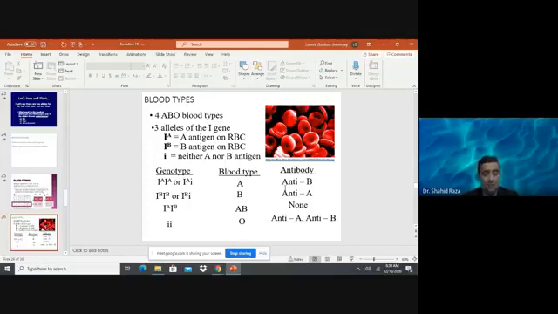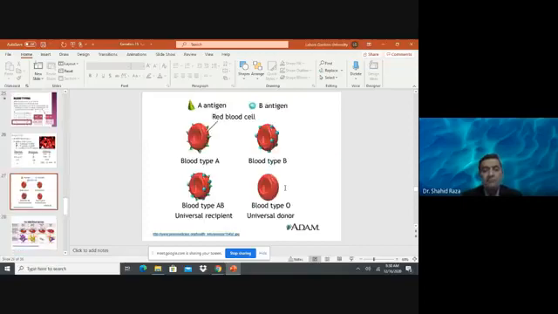So here we can see genotype, blood type, and then antibodies. In blood type A, the antibody is B, and in blood type B, the antibody is A. In blood type AB, there are none, and it has antigen A and antigen B. So this is the cross between antigen A and antigen B.